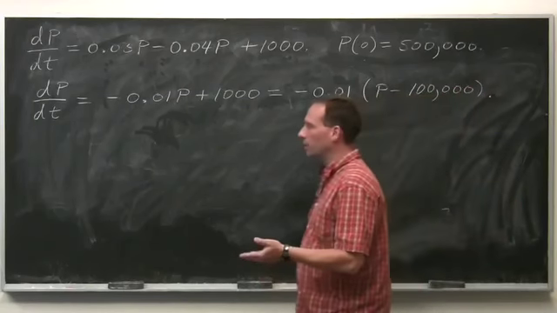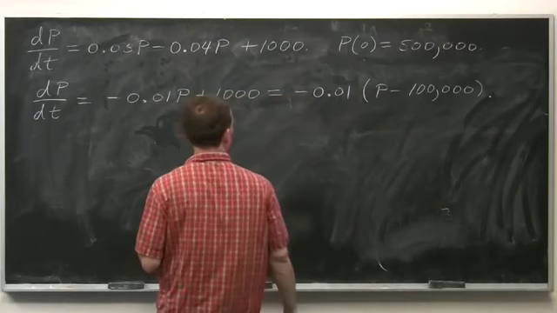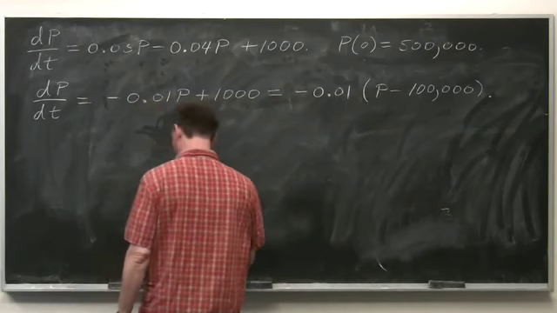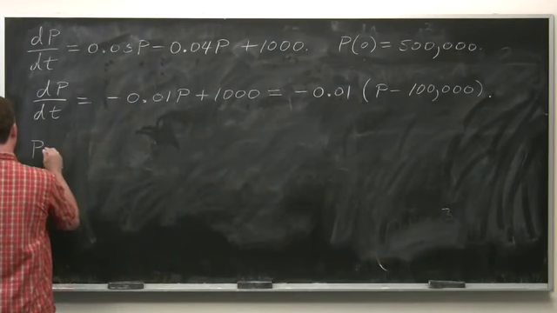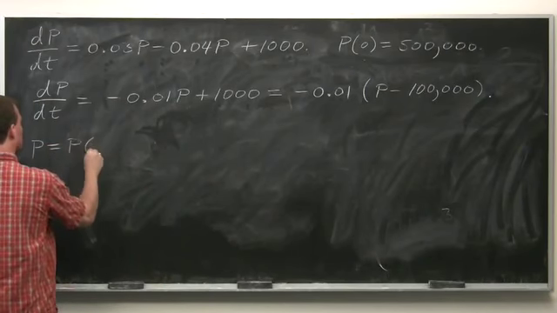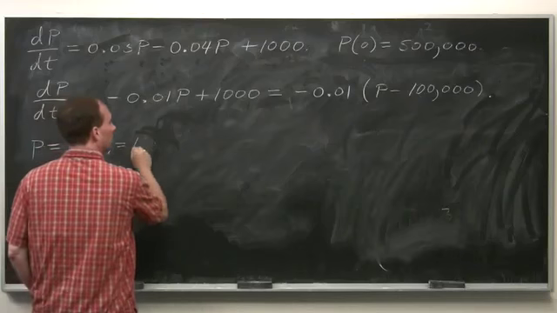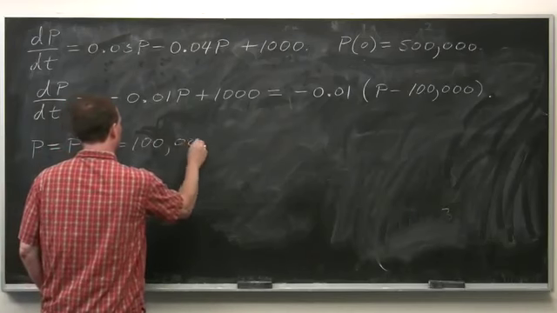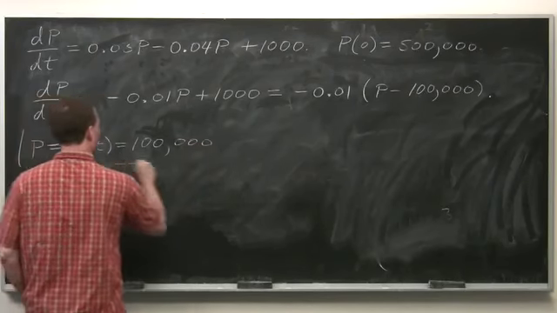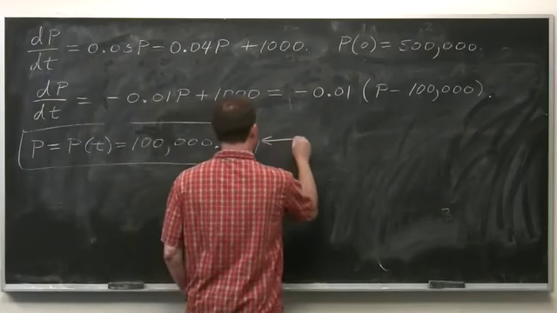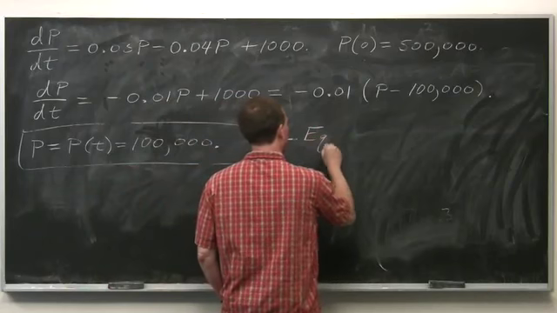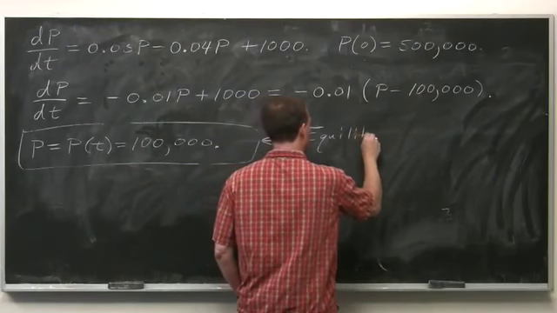All right. And we'd like to solve this and then put in the initial data. Well, there's one equilibrium solution that we should worry about. Of course, it doesn't satisfy the initial data. So it is not a solution to our initial value problem.